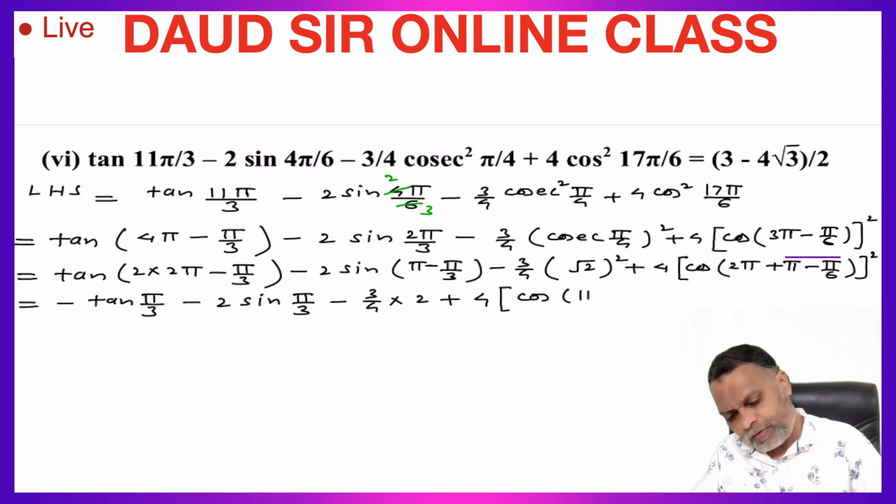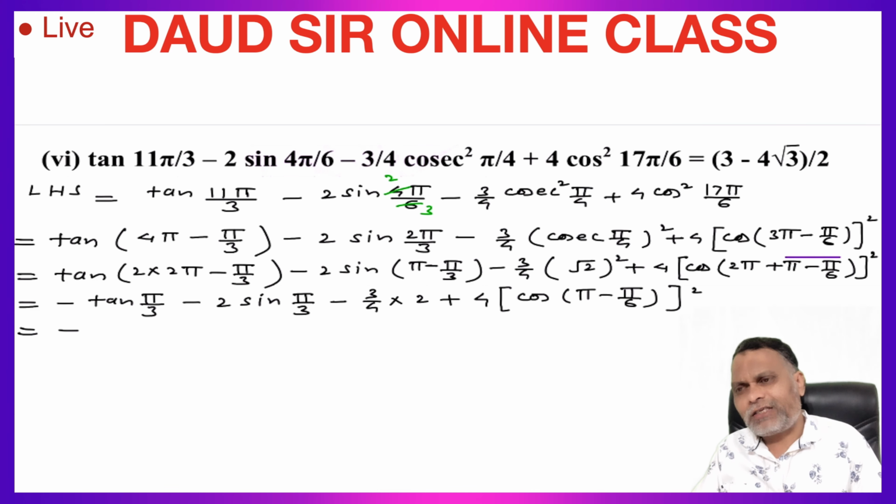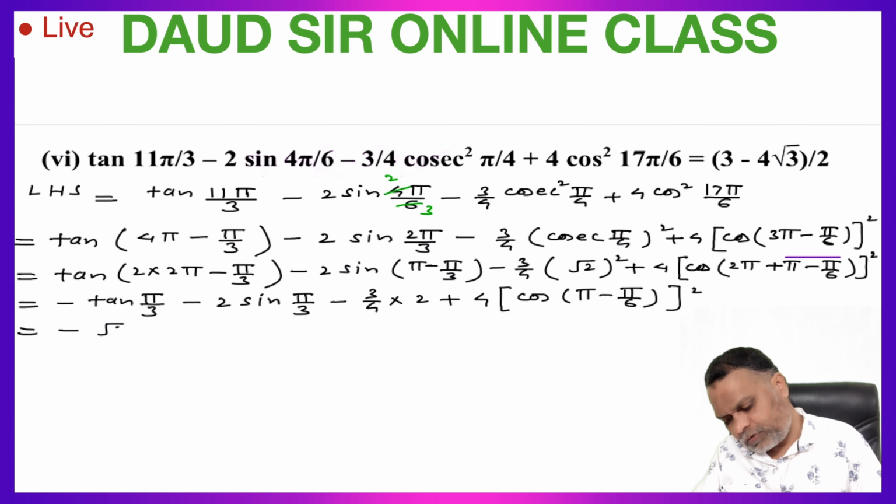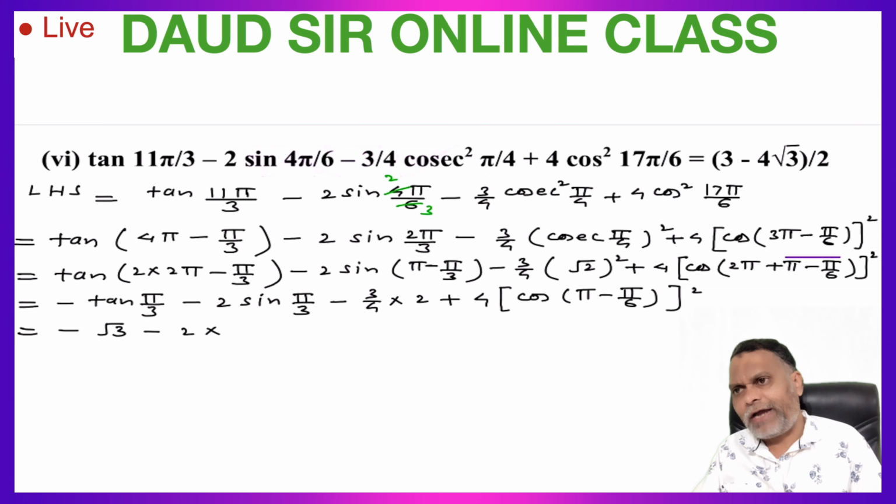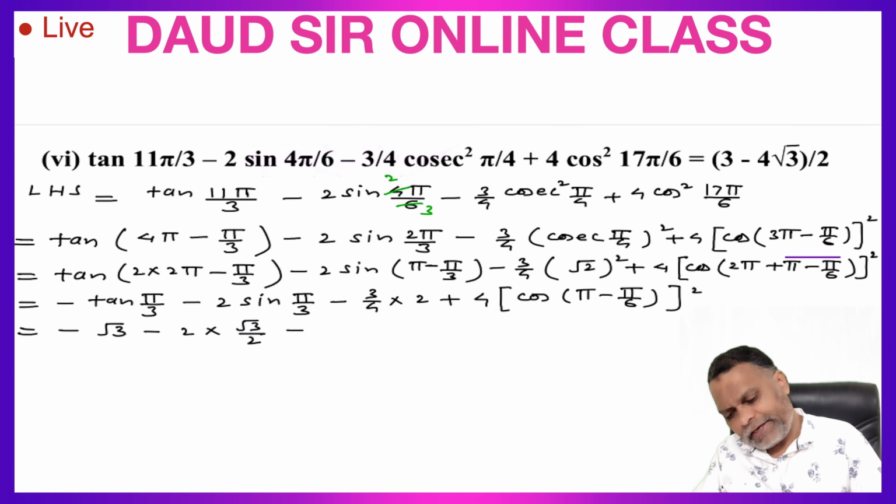Cos pi minus pi by 6 whole square, which is equal to minus tan pi by 3 means tan 60 degree. The value of tan 60 degree is root 3, minus 2 into sin pi by 3 means sin 60 degree. The value of sin 60 is root 3 upon 2, minus this 2 2s are 4, so this is 3 upon 2.